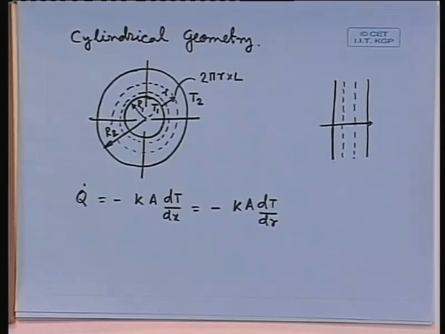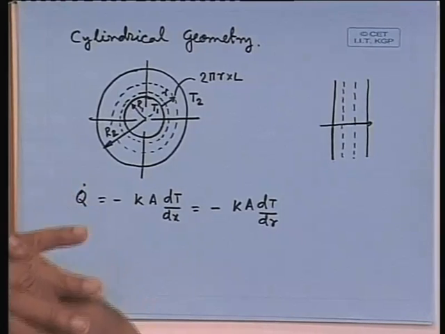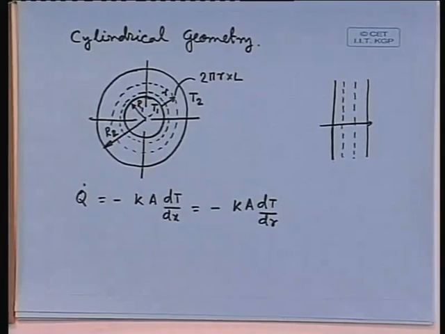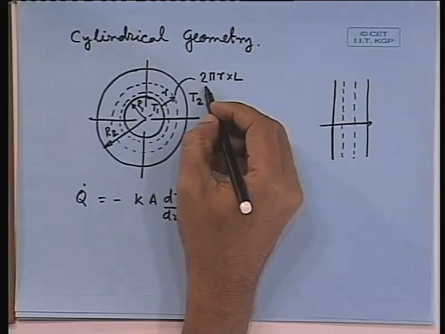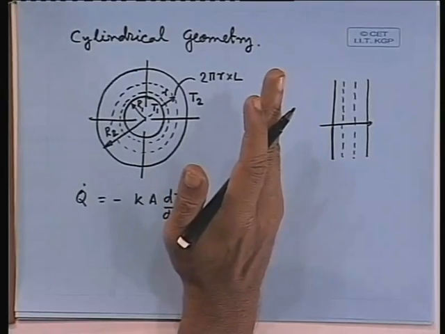All right. But along the L, try to visualize, along the L we have got an infinitely long cylinder, otherwise this analysis is not valid, there will be end effect. So, sometimes we write 2 pi r assuming that L is equal to 1. So, we are doing it for only unit length of the cylinder. So, whatever rate of heat transfer we will get, if we multiply it with the required length, we will get the result.